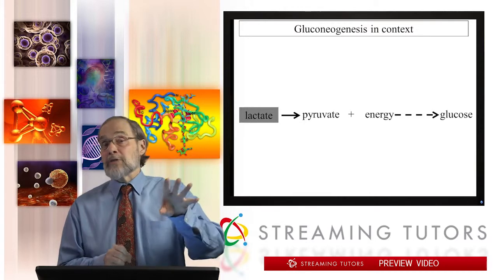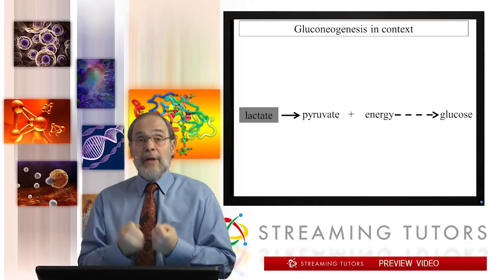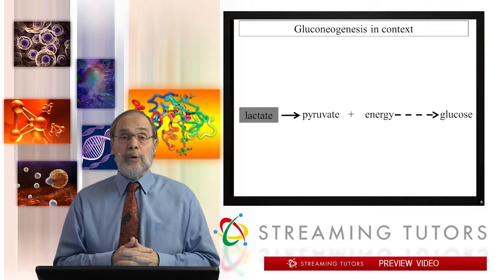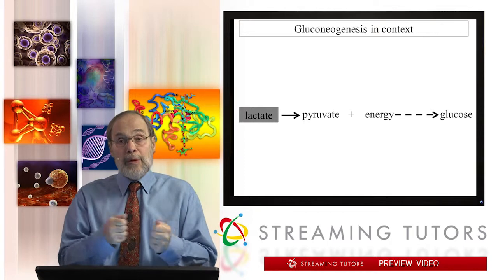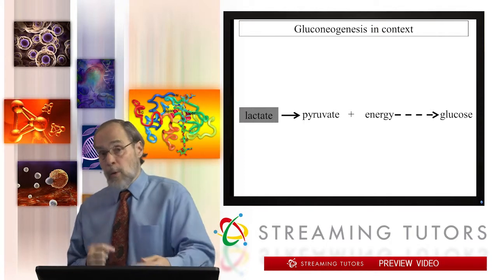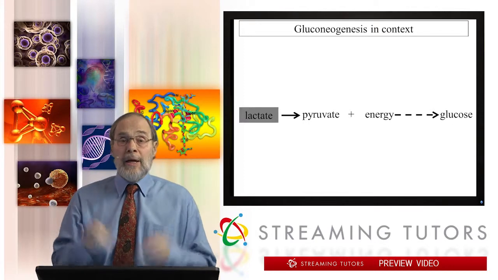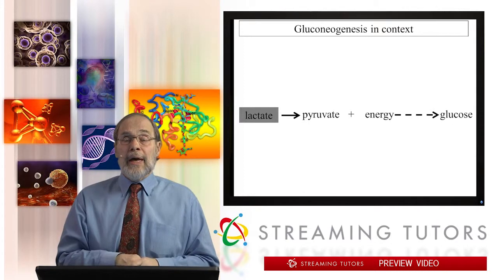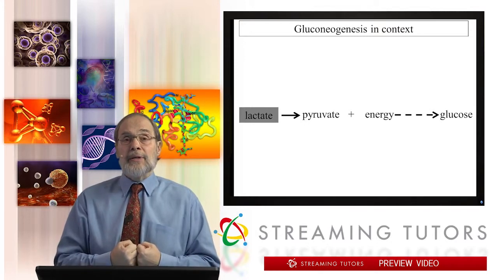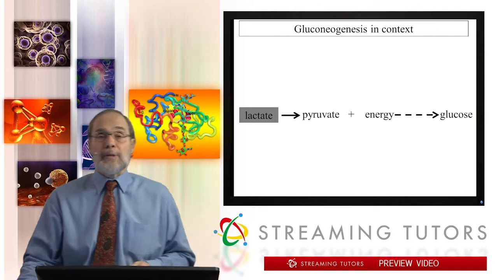The lactate is released from the muscle into the circulatory system and then reabsorbed by the liver, which together with the kidney is the only organ that can do gluconeogenesis, and then rebuilt back to glucose and released back into the circulatory system, where, among other things, it goes back to the muscle again. So it becomes a process whereby the muscle can expend energy, and then the liver can take the resulting lactate and rebuild it into glucose to resupply the muscle.